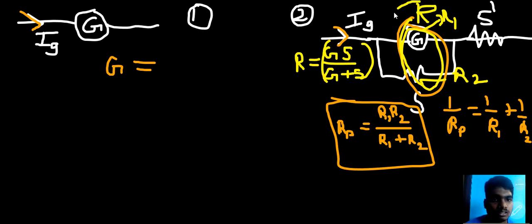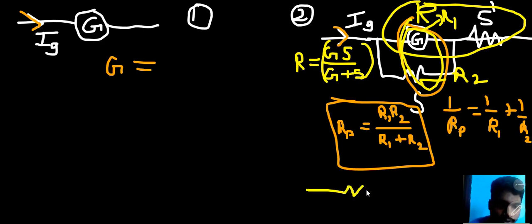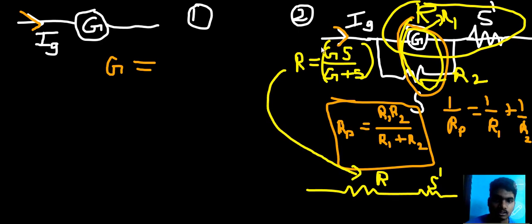Now these two resistances are in series. The parallel combination is converted into R, and this is R and this is S dash. I am just rewriting the above image. The galvanometer and the shunt resistance are in parallel, they join together to form R. When resistors are in series, the total is R1 plus R2.